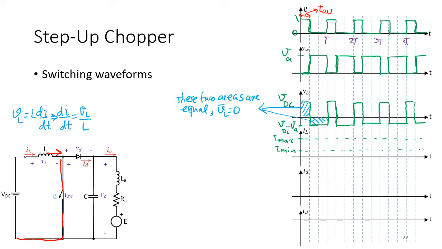In this interval, current is increasing. Then the voltage across the inductor is negative, and the current will decrease. And it repeats.